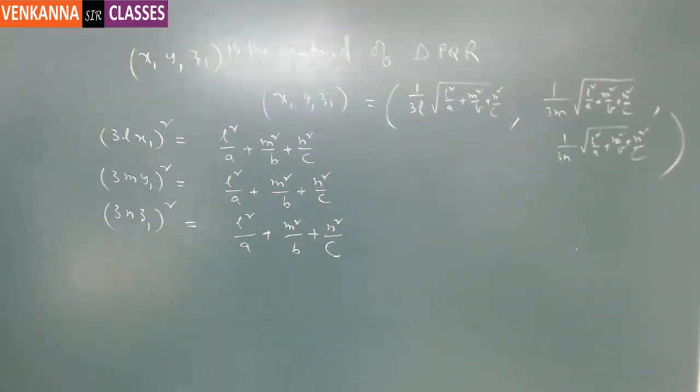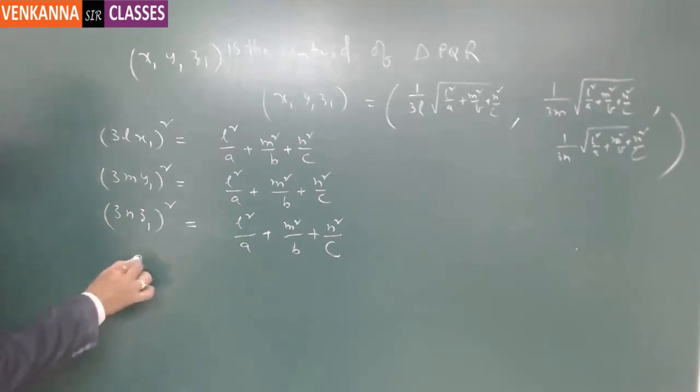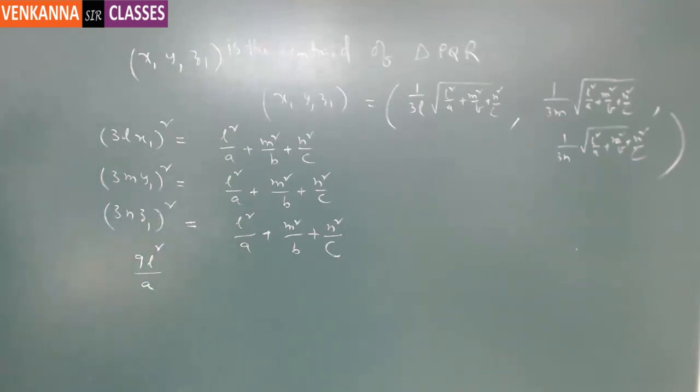So I want to do the modification. I will divide both sides by 1 by a x1 square. So what happens? Nine L square by A is equal to the expression.